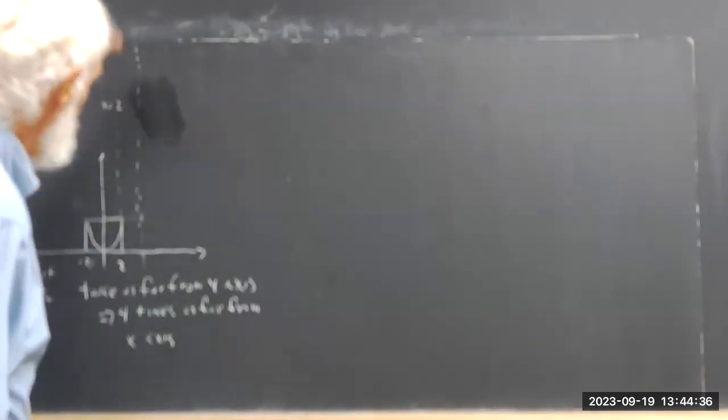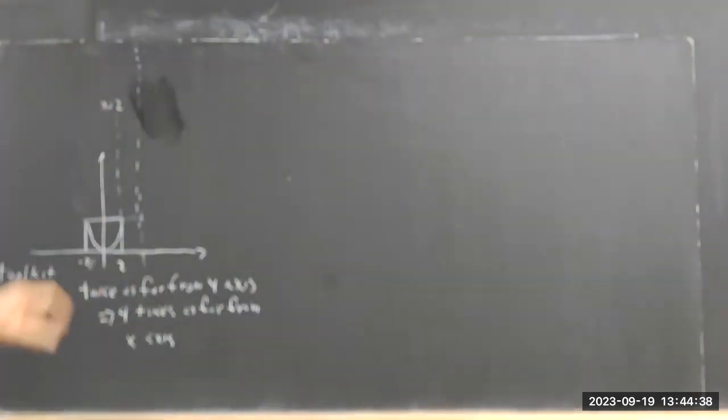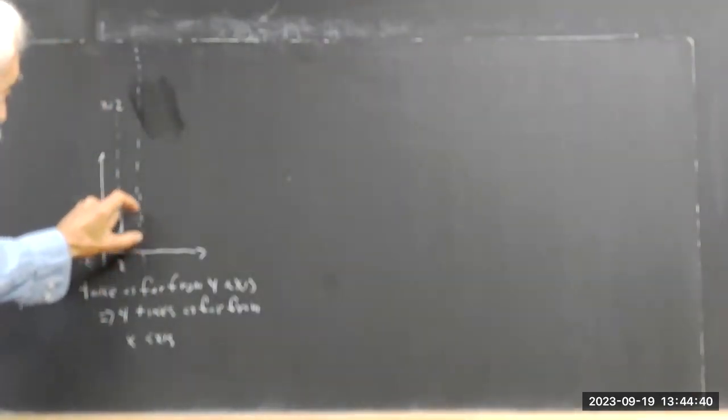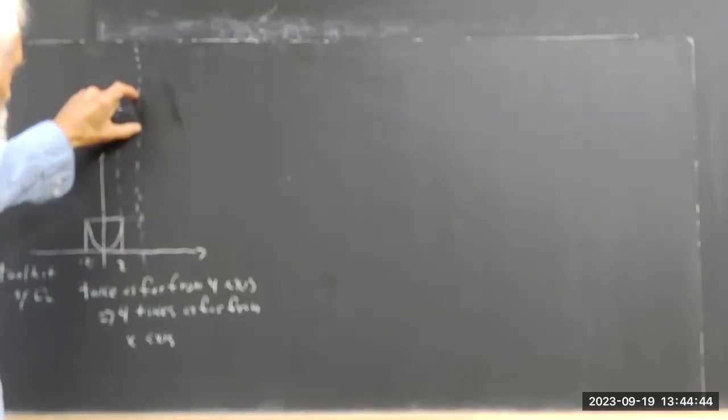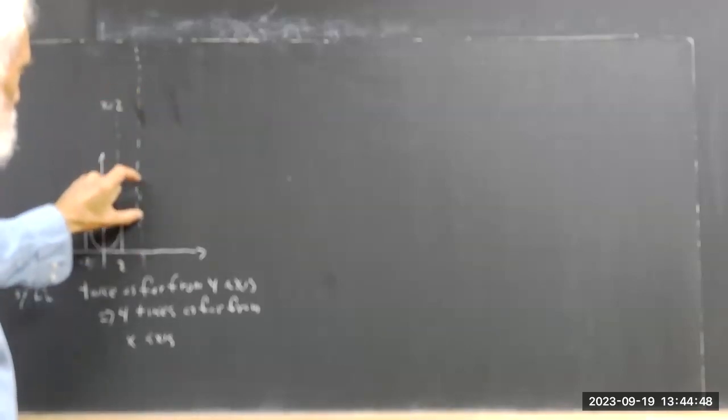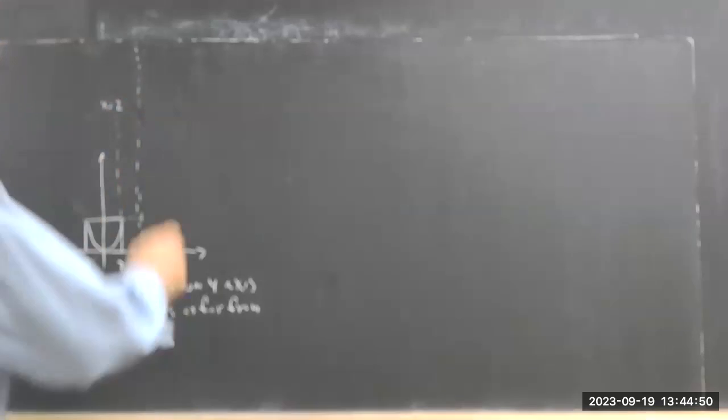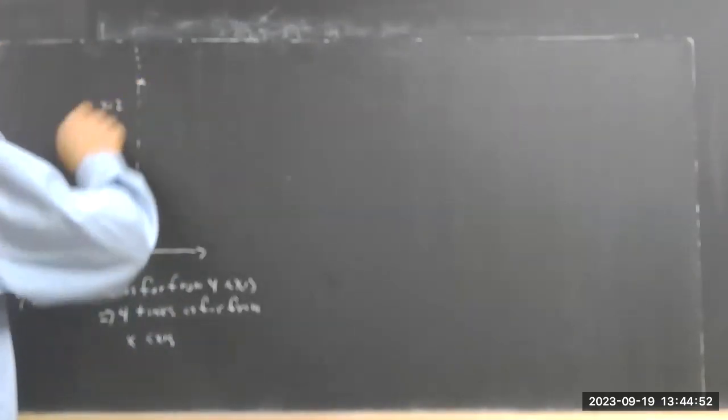And see, we're already going to be off the top of the graph. Okay, so we go 4 times as far. 1, 2, 3, 4. So it takes us up to about here.